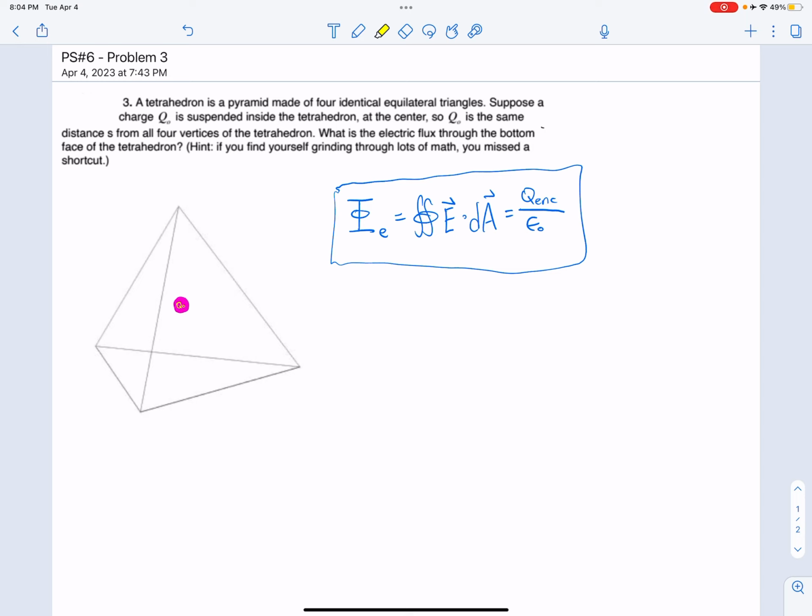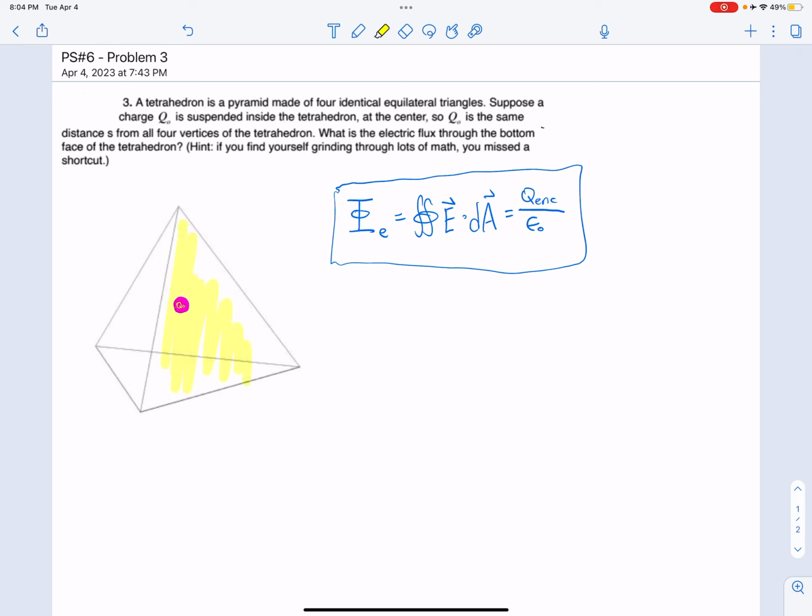What else? The point charge Q naught in the middle of the tetrahedron has an electric field that points out radially in all directions. Because it's equidistant from all 4 vertices, it's going to have an equal distribution among each face.